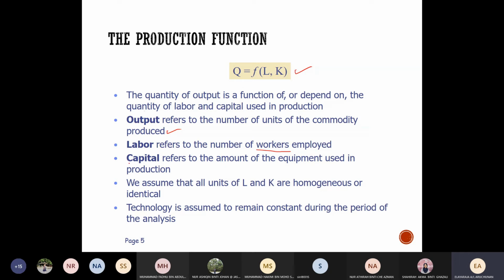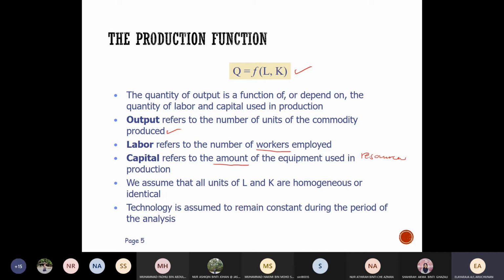And capital is the equipment, or it can be anything like money, or we can also say the resources, to use in the production. So this is very, very important. These two major elements are important in order to see the final product, Q.